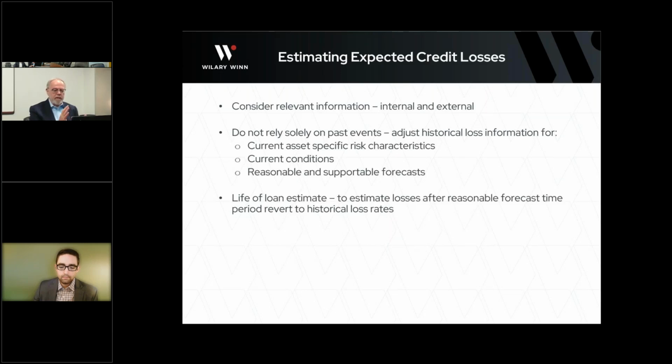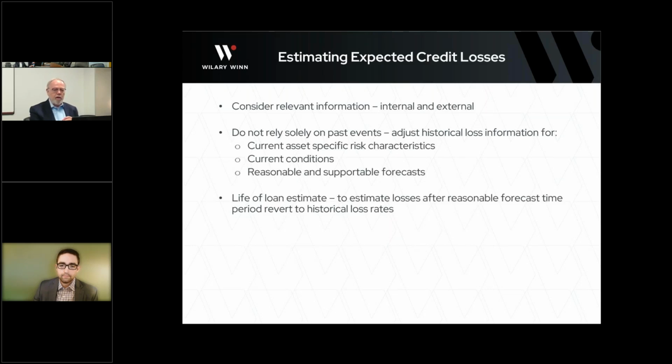Mike will talk about this in detail later on, but it's a little bit easier to think about current asset-specific risk characteristics if you're actually looking at the loan attributes, credit attributes at the time of measurement, as opposed to using a model that's look back, because then you're trying to infer what the current asset risk characteristics are.